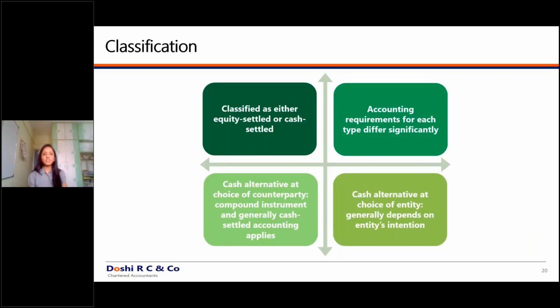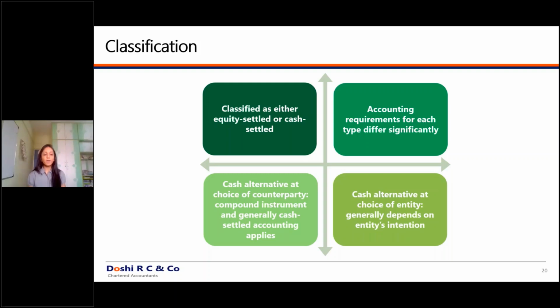And if that choice is available with the entity, if the issuer has that choice, then in such cases you will decide what the company's intention is. Is the company intending to give it in cash? If the company says yes, you will not just rely on what the company is saying. You will also see whether the company has the financial ability to settle it in cash.